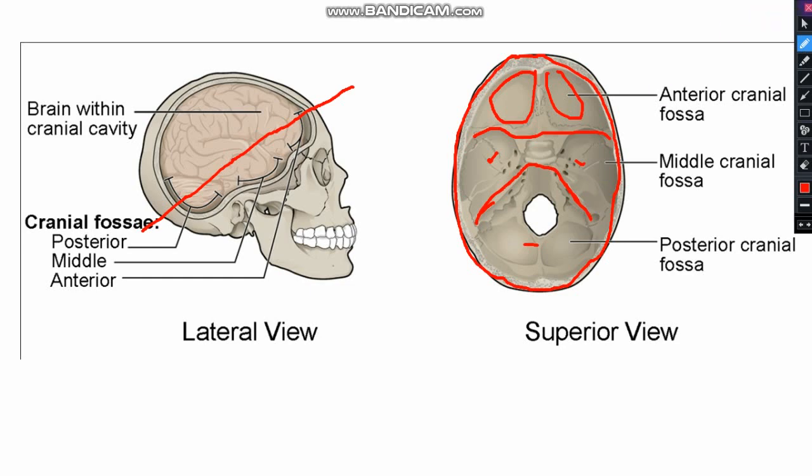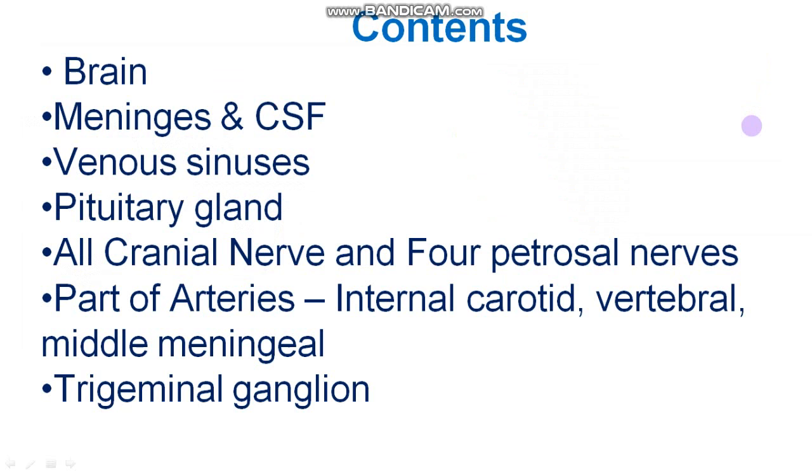Then we see another thing about the contents. In the contents we see the brain, very important, meninges and CSF, venous sinuses, pituitary gland, all cranial nerves, and 4 petrosal nerves.